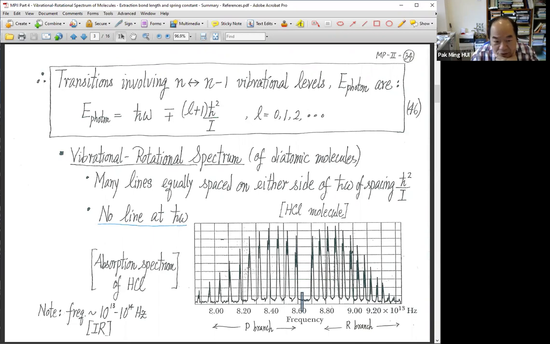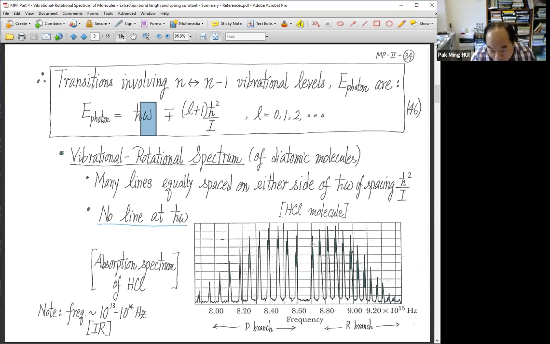Read this thing out. We know omega, and omega is related to the spring constant, right? Omega is the square root of K over reduced mass, what you learn in classical mechanics. Okay, two balls with a spring.